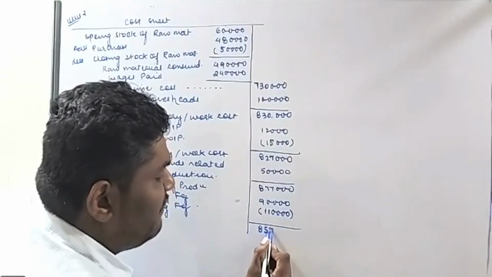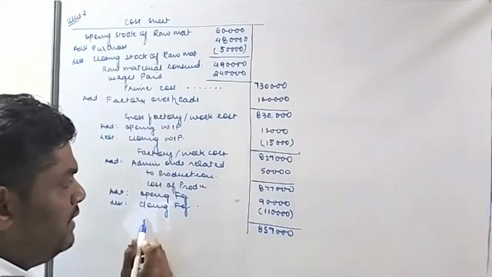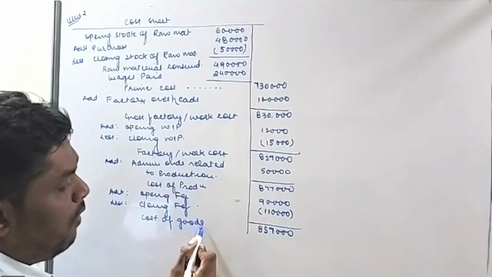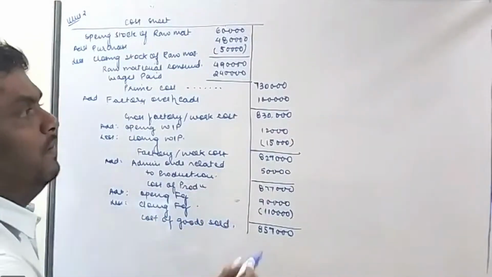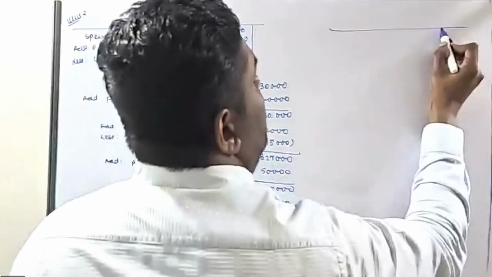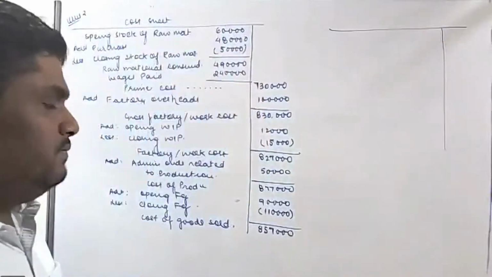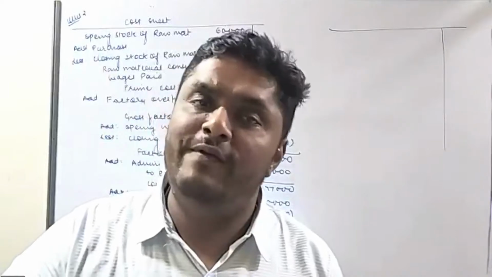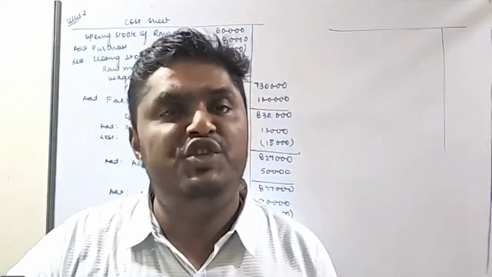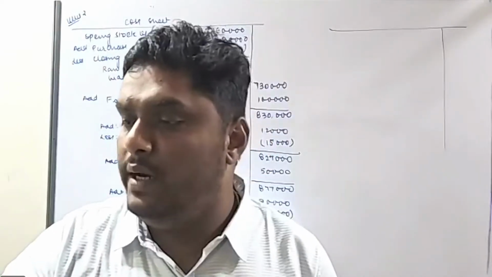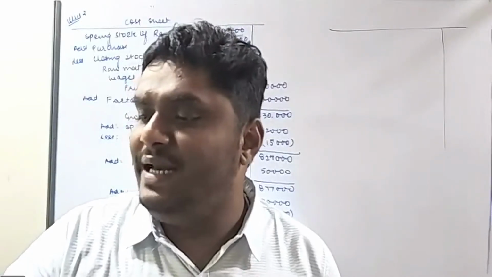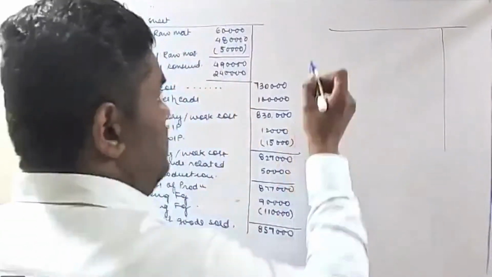This will be 8,57,000. That is the cost of goods sold. Now, after calculating the cost of goods sold, we will add all the general administration overheads and selling and distribution overheads. Here, general administration overheads are not given. However, selling and distribution overheads are given.